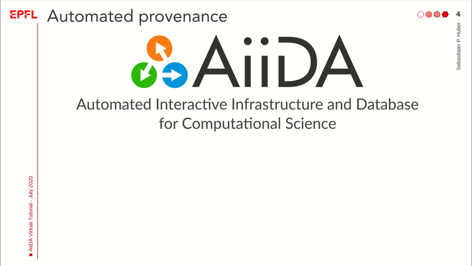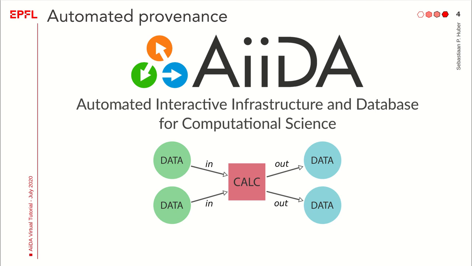So when we talk about data provenance, just a quick reminder, what do we mean? When storing the data provenance, we just mean that whenever there's a data transformation, we store that in some kind of a database, the record of that data being transformed. So for example, if you have a calculation, here represented by the square, it has some input data that it takes and it produces some output data.